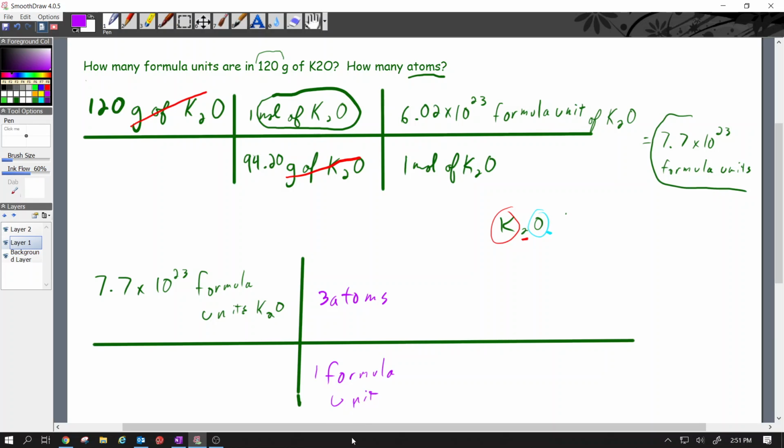Ooh, that's bad handwriting right there. And so my formula units will divide away, and I will be left with just atoms once I multiply that by 3. And once I multiply that by 3, I think I end up with, let's see, let me see if I can erase just part of this or if this is going to kill my whole line. Yeah, there we go. And I think I end up with about 2.3 times 10 to the 24th.